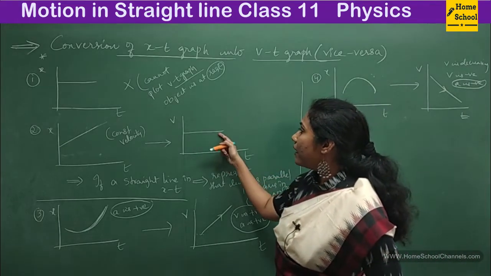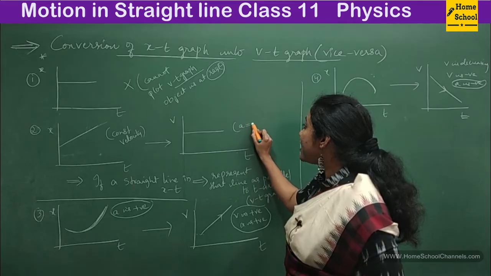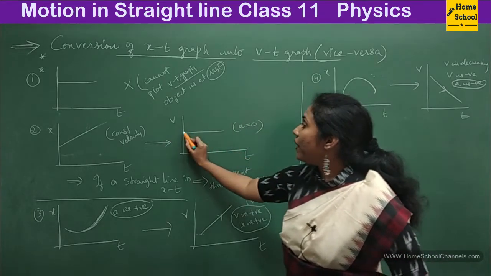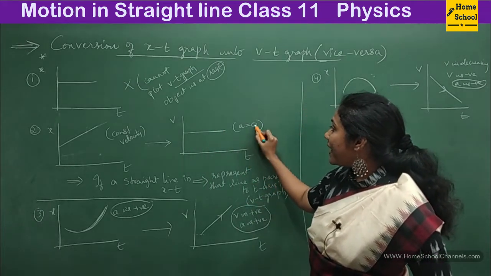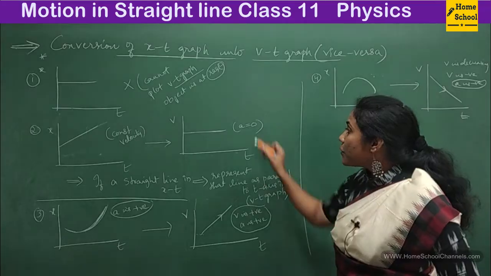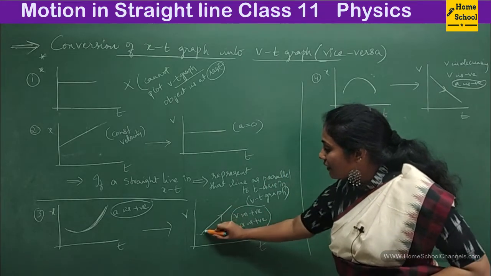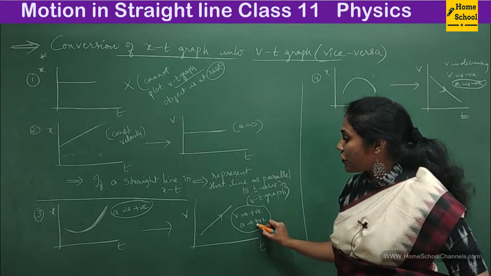And what about here? Velocity is constant, in the sense that A is equal to 0. So in this vt graph, a horizontal line parallel to the t axis means A is always 0. When you have a line increasing, a positive slope, A is positive.